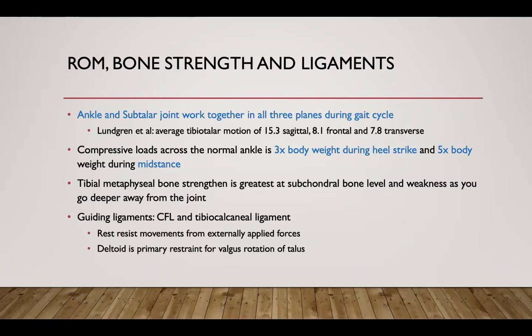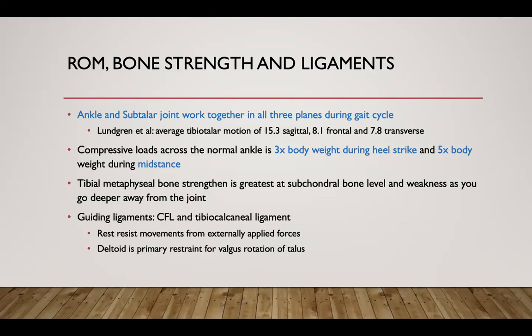Whenever you have to evaluate a patient, you want to know that the ankle and subtalar joint are working together in all 3 planes, and the normal loads cross the ankle joint. During heel strike, it's 3 times your normal body weight, and then 5 times your body weight during mid stance. The book didn't talk about this that much, but I remember reading articles that when working out or running, that's going to increase the normal compressive loads.